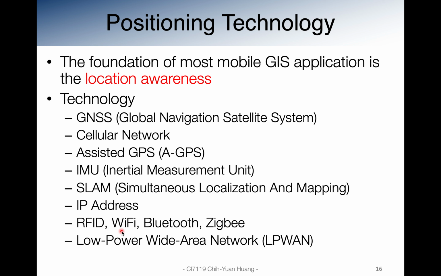RFID, Wi-Fi, Bluetooth, Zigbee can be used as the network for positioning, or RFID can also be used as occurrence sensors to find out a general, local location where this device occurs. And then LPWAN, the low power wide area network, can also serve as a positioning network as well.